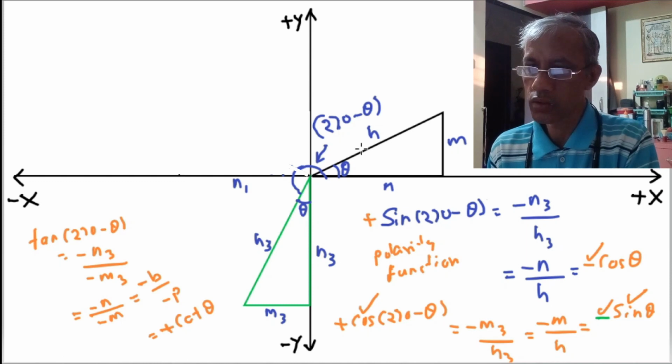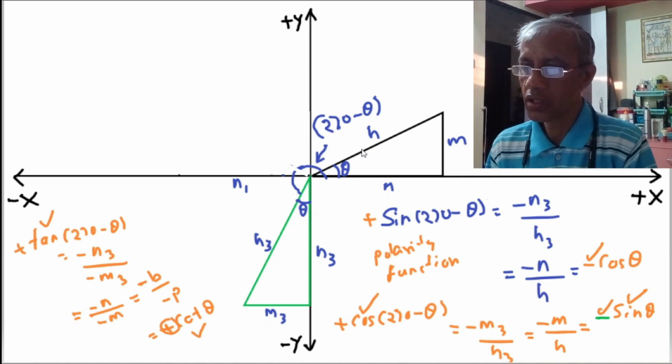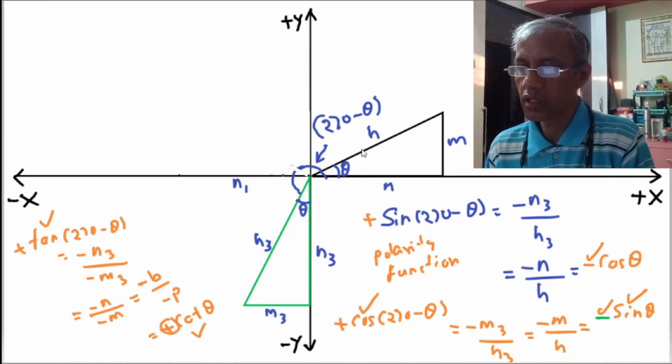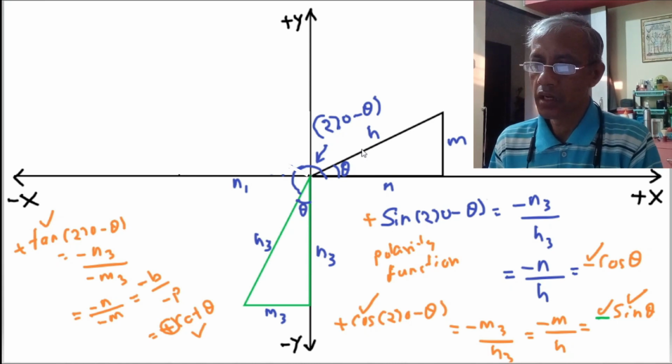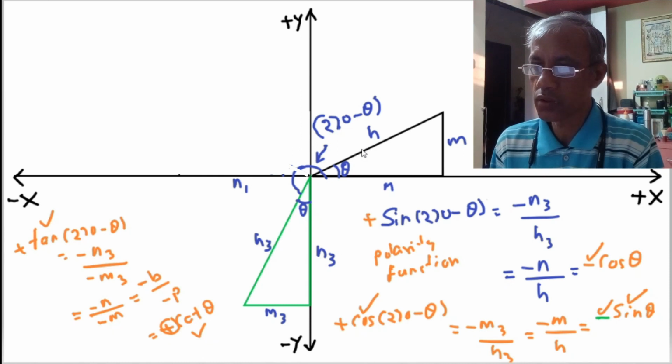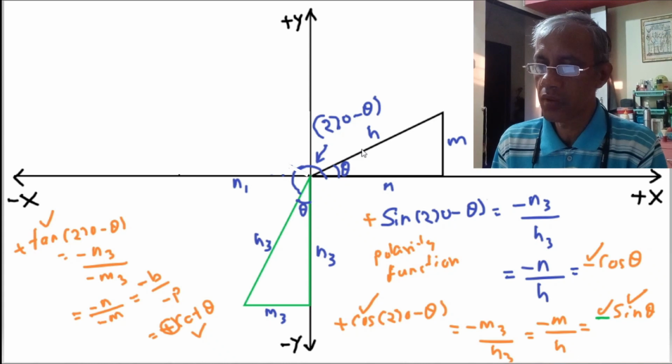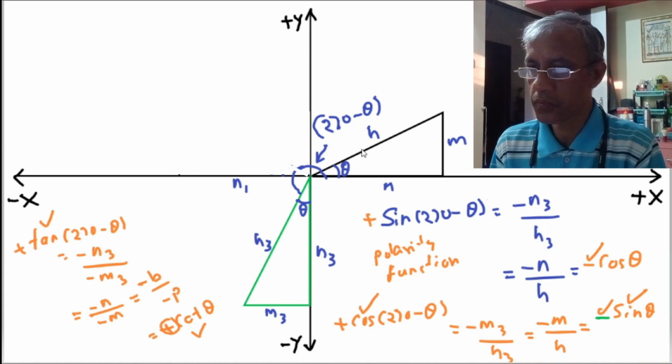So here also the function got changed over from tan function to the cot function. That is the reason the functions get changed over when the side which helps to make the angle theta gets changed over from x-axis to y-axis or vice versa.